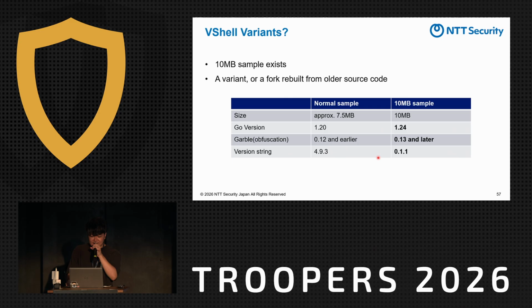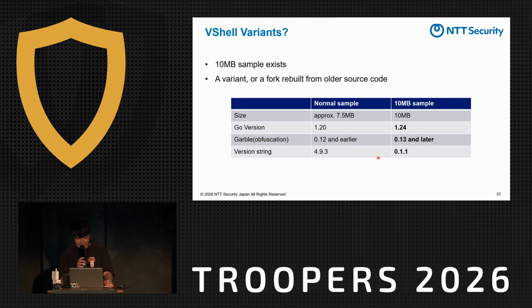In addition to the typical samples, we identified a larger sample of approximately 10 megabytes. Compared to the standard sample size of around 7.5 megabytes, this 10 megabyte sample shows several clear differences. For instance, the Go version used in the normal sample is 1.20, while the 10 megabyte sample uses 1.24, indicating a newer build environment. In addition, the version of Garble used for obfuscation is also newer in the larger sample.